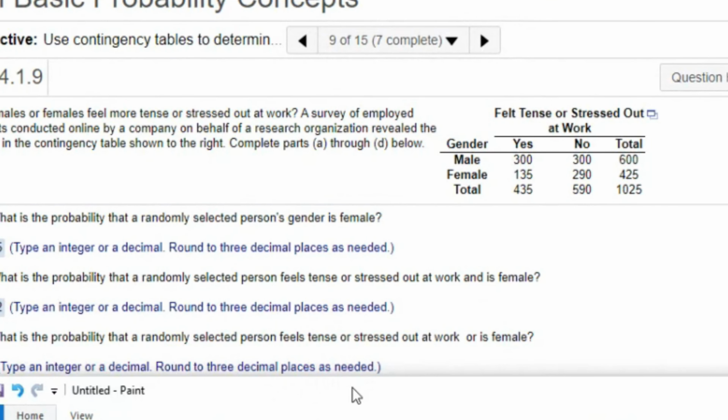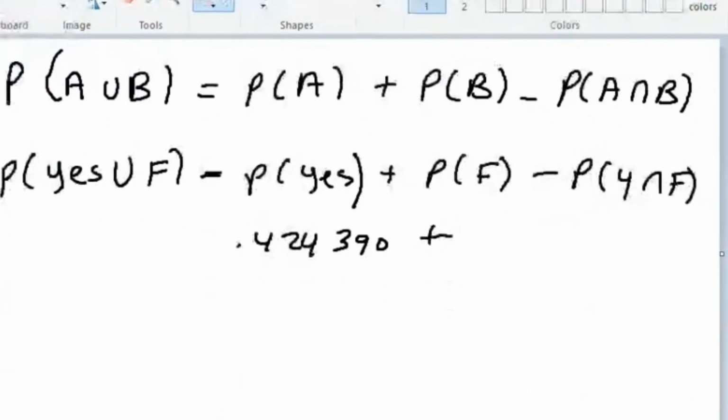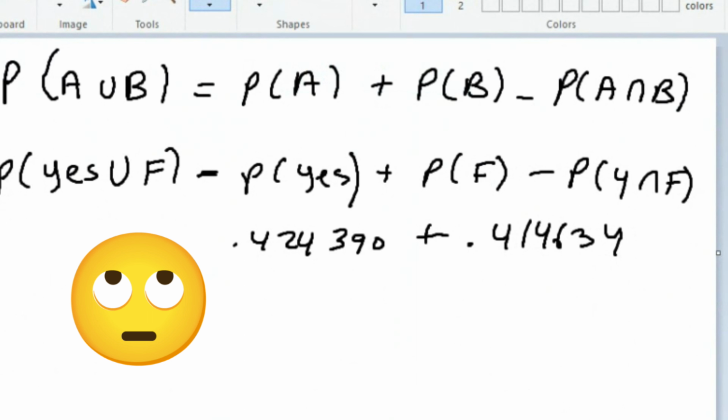We calculated that already. That was 425 divided by 1025. So that's 0.414634. I'm not rounding here because I don't want a rounding error when I put my answer into the MyLab. MyLab is very picky about rounding errors. So keep as many decimal places as you can when you're doing the calculations.